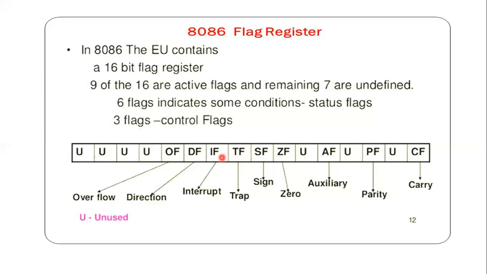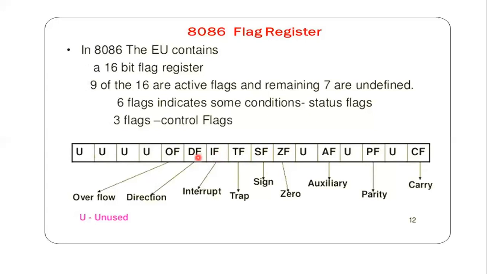Then the interrupt flag: for the 8086 to recognize a maskable interrupt request at its INTR input, the IF flag must be set. When IF is reset, requests at INTR are ignored and the maskable interrupt interface is disabled. So that is the use of the IF.